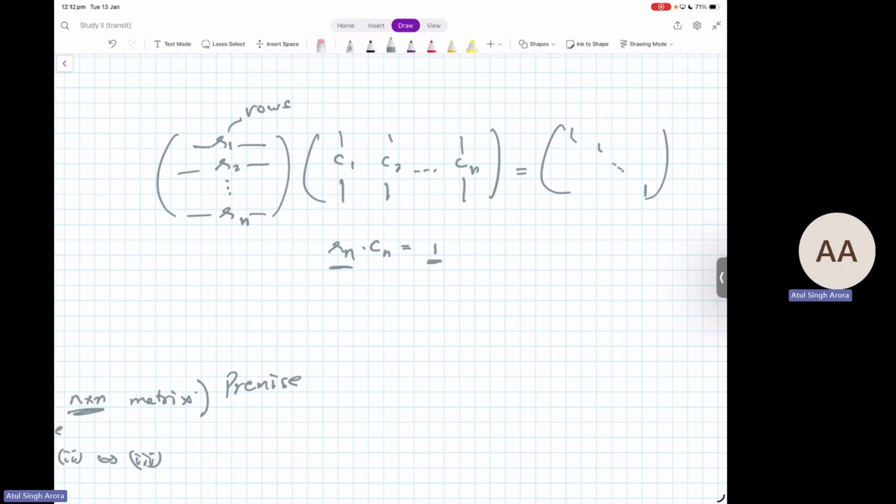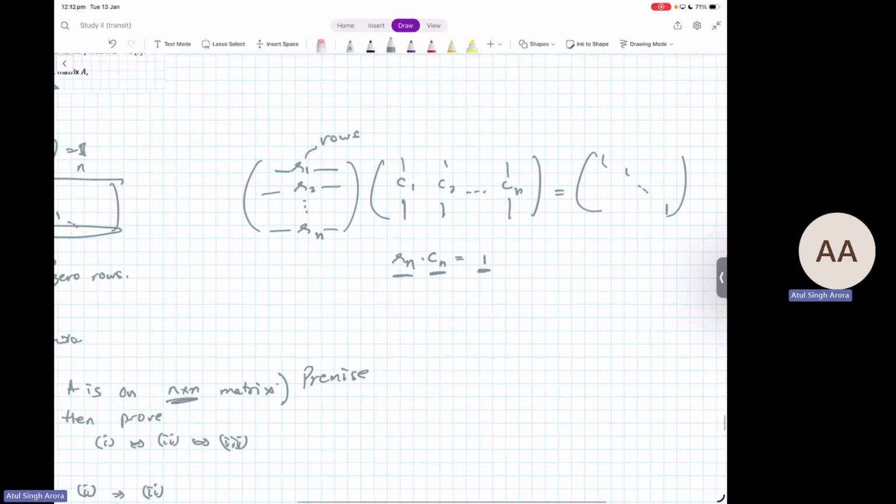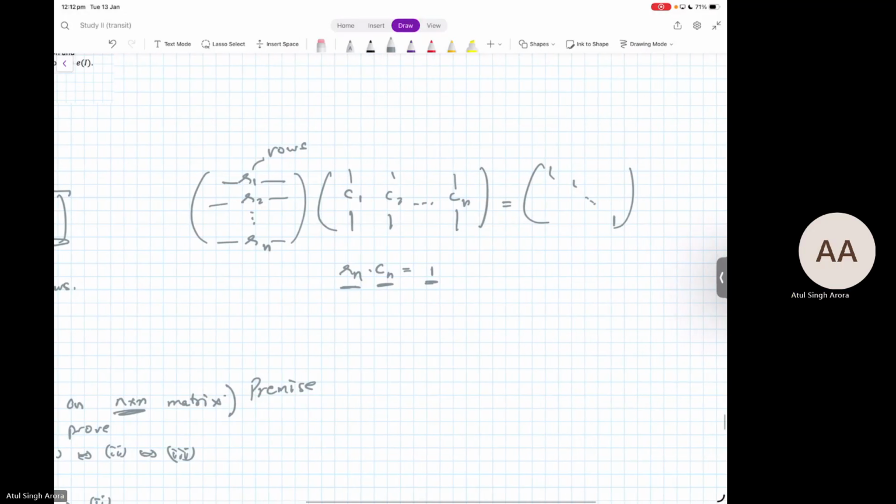But if Rn is identically 0, there's nothing you can put for Cn that will make that true. So such an inverse cannot exist.